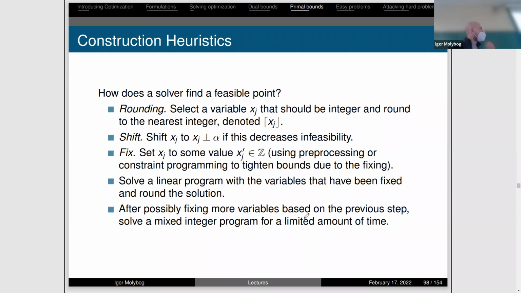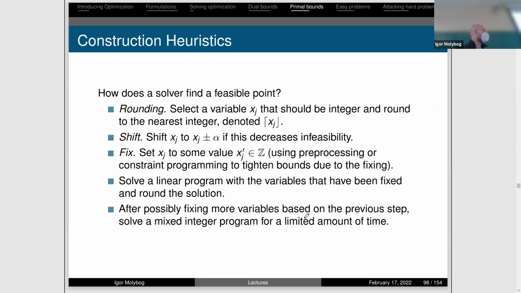The other heuristic is the heuristic of a shift, when you are picking a single component of a vector and shifting it by a predetermined amount that decreases infeasibility.